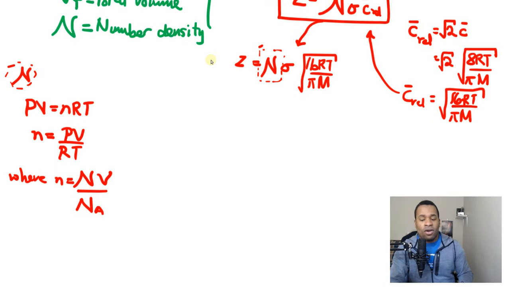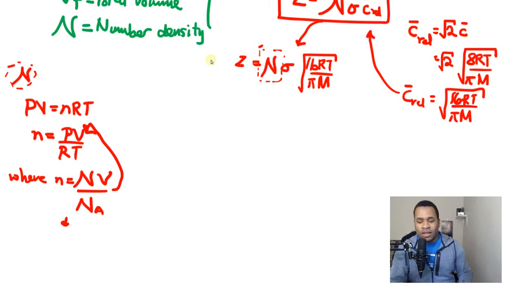So therefore, this is going to be applied to this particular expression alongside this particular expression, and what we're going to get is now our expression in terms of the number density.